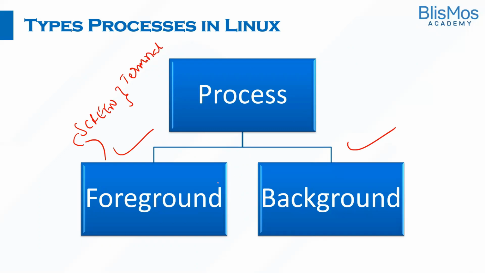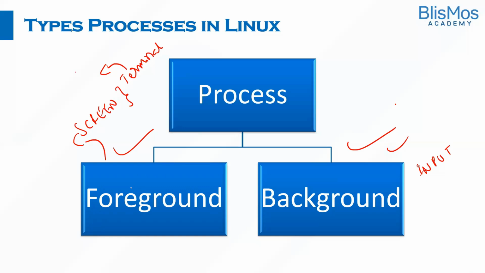When the foreground processes are running, you cannot do anything in this terminal. On the other hand, background processes run in the background. In case of background processes, usually user need not provide the input. On the other hand, in the foreground processes, user has to provide the input.